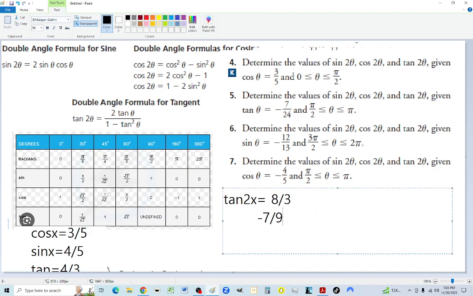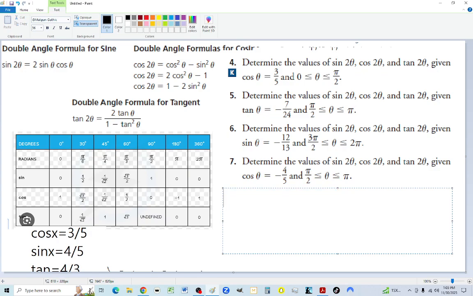So if we want to figure this fraction divided by this fraction, we have to multiply this by negative 9 over 7. So that's minus 36, minus 72 over 21. Oops. So that's what tan 2x is.